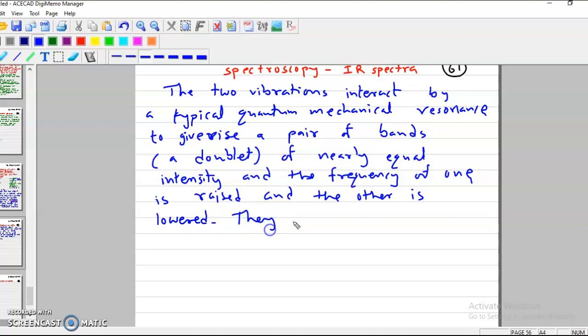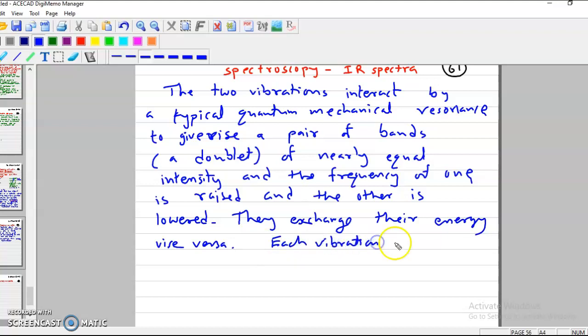Because they exchange their energy, vice versa. And therefore, each vibration now has partial fundamental and partial overtone character.